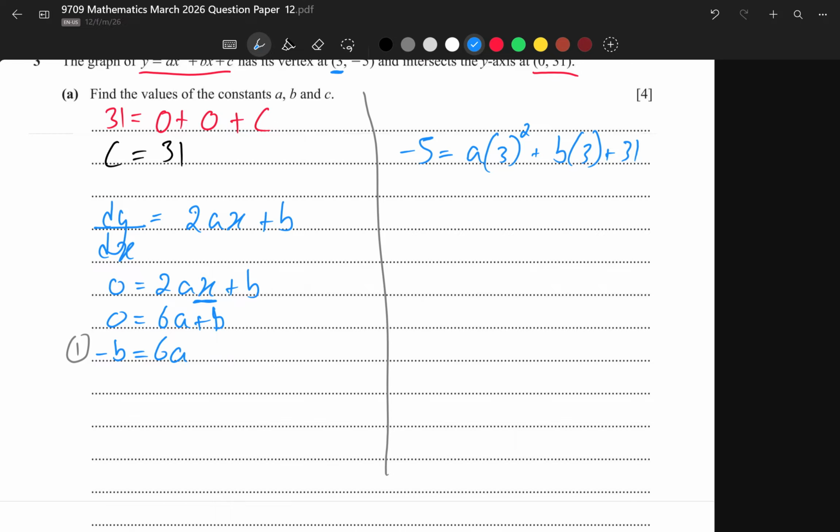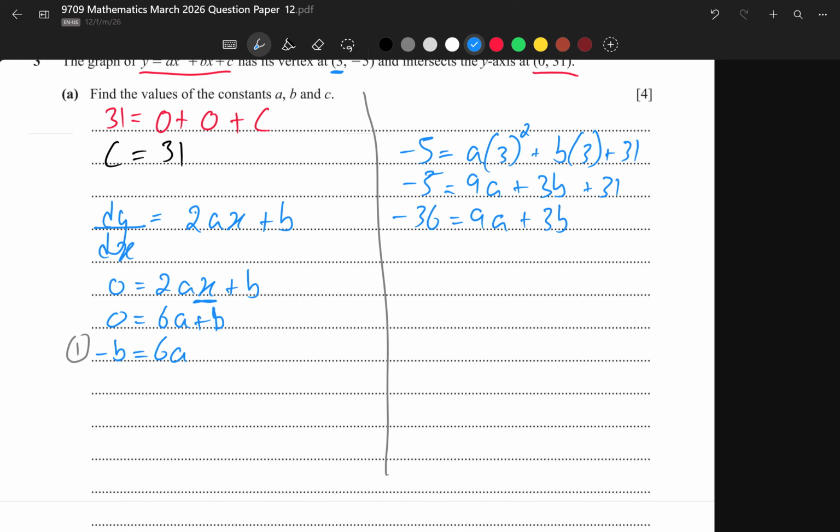Now if we solve this, we'll get minus 5 is equal to 9a plus 3b plus 31. If we shift this 31 to the other side, we'll get minus 36 is equal to 9a plus 3b.